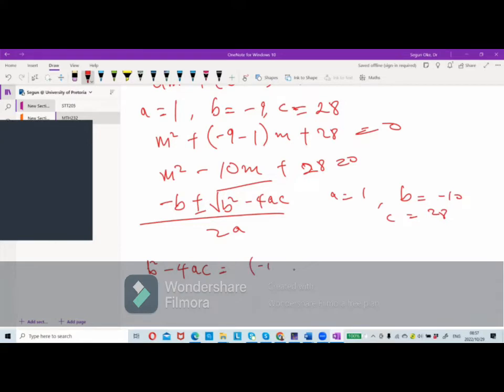We have minus 10 squared minus 4 multiplied by a, 1, multiplied by c. 4 times 28, that's what you need now. 4 multiplied by 28, what do you have? 112.